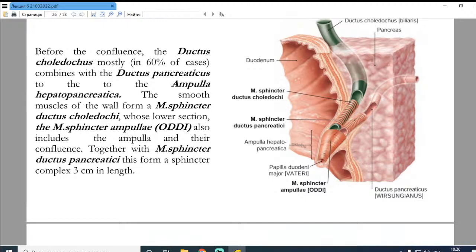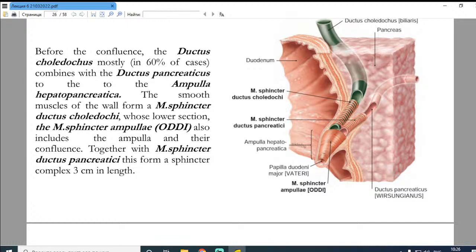Before the confluence, the ductus choledochus mostly combines with the ductus pancreaticus to form the ampulla hepatopancreatica.